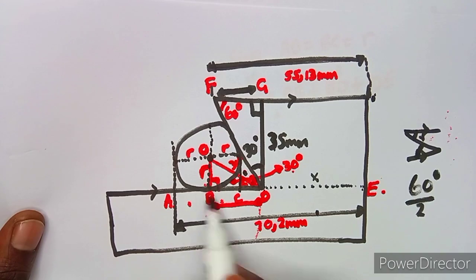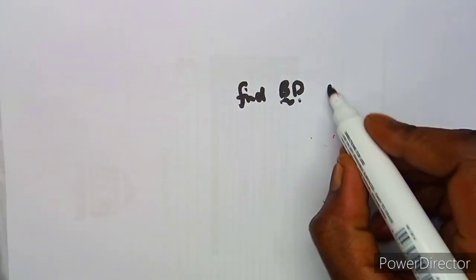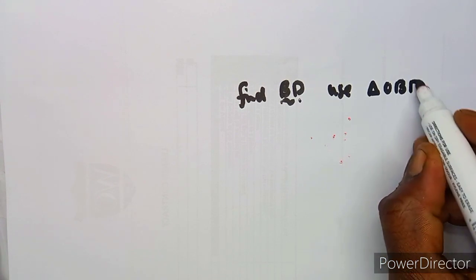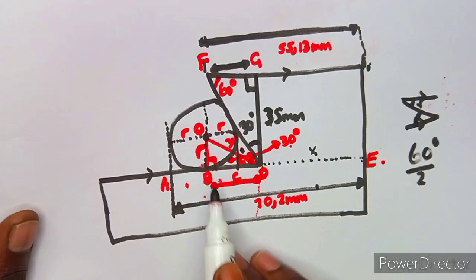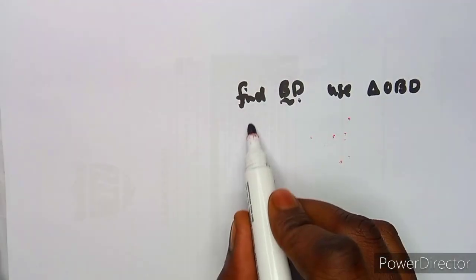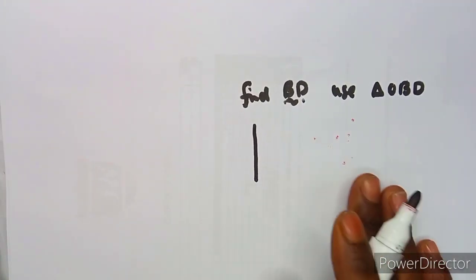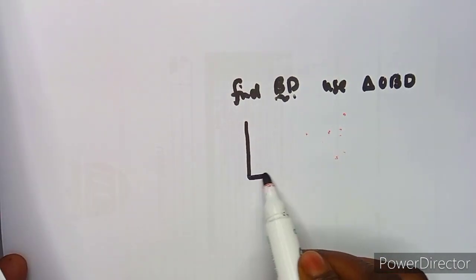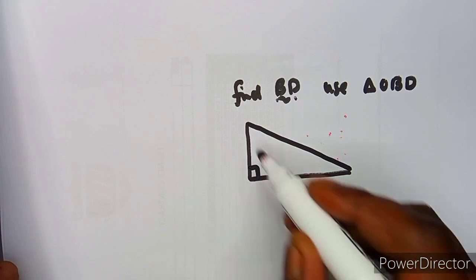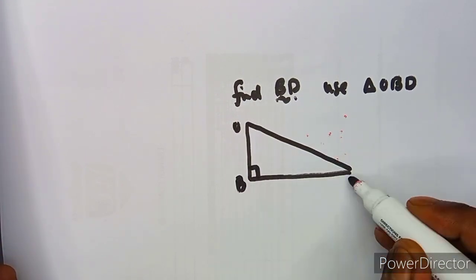I'm going to use triangle OBD. So this is our triangle OBD, this one. Okay, let's just take it like this. That's our triangle OBD. It's like this. Take note, guys. That's our O, our B, and our D here.